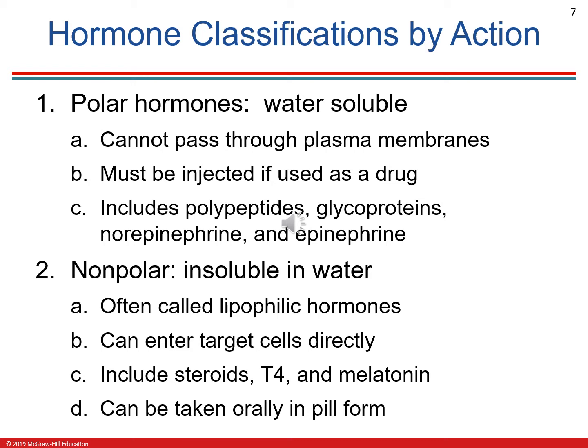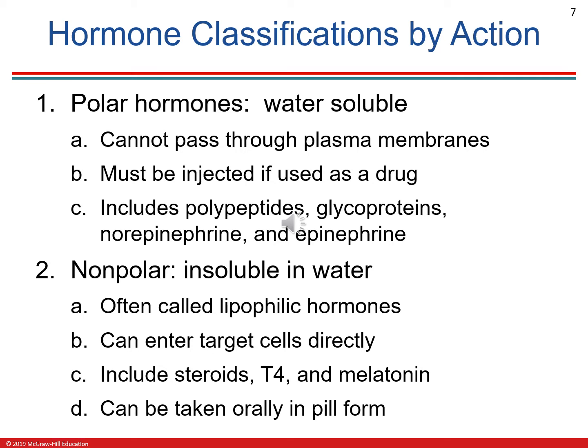Examples of that are, obviously, the proteins, the polypeptides, the glycoproteins, and we can include norepinephrine and epinephrine from the amines. Basically, most of the amine groups are also polar hormones. Non-polar hormones are insoluble in water, meaning that they are hydrophobic or lipophilic, and they can target the cell directly, meaning that they can cross the cell membrane by diffusion.